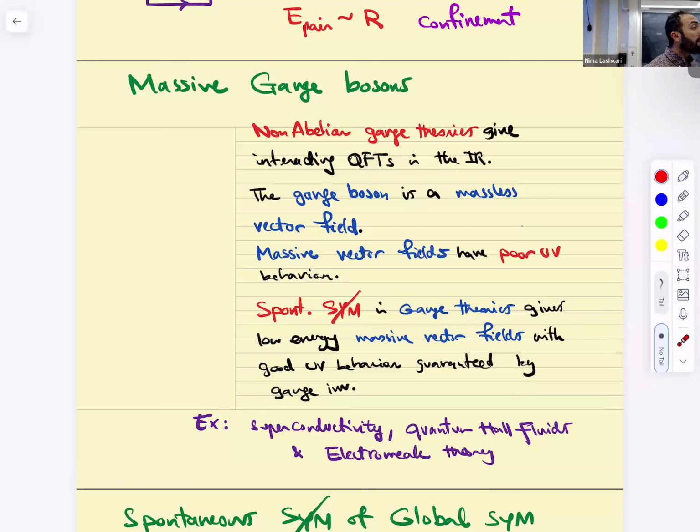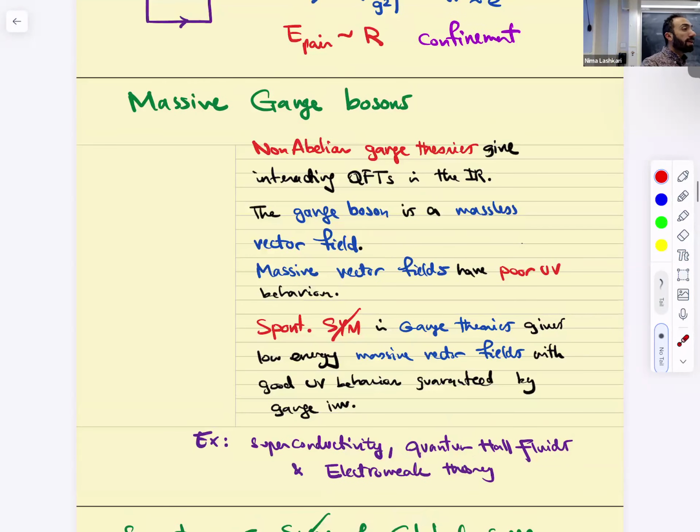So far we have not found any consistent interacting theory for massive vector fields. Turns out that spontaneous symmetry breaking in gauge theories gives us low energy massive vector fields with good UV behavior, guaranteed by gauge invariance. So this is what we want to study.